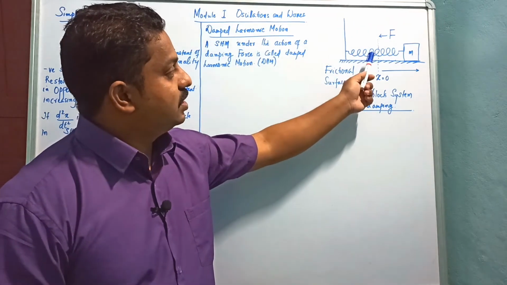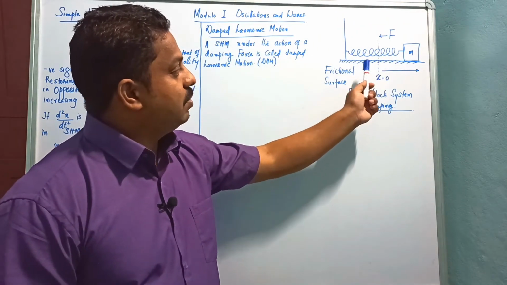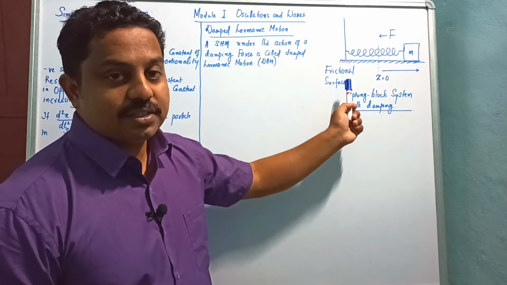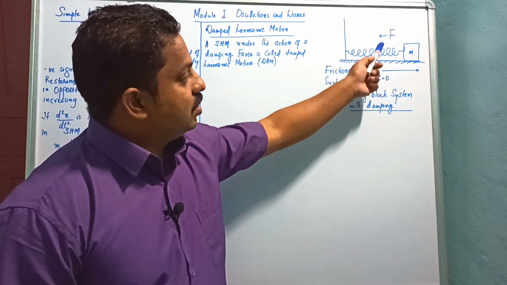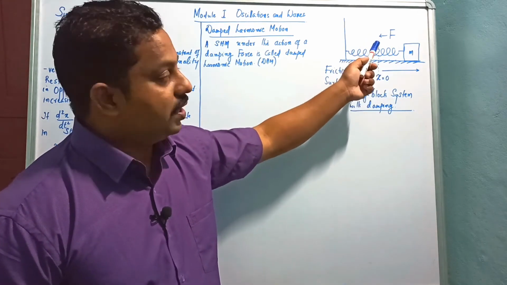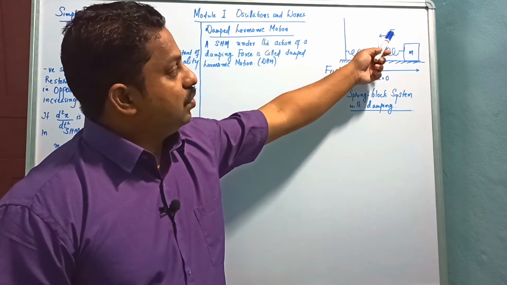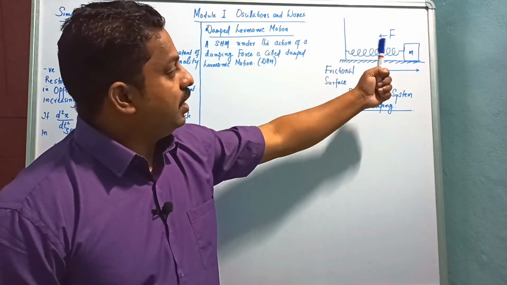Here we consider a spring block system on a frictional surface. x equal to 0 is considered as the origin, and F is the restoring force acting on this spring.